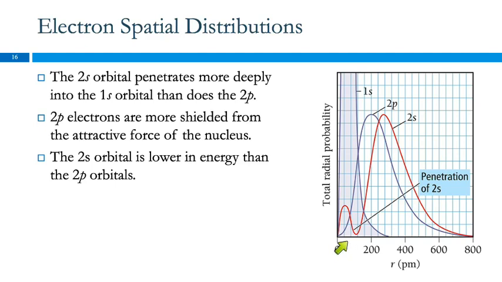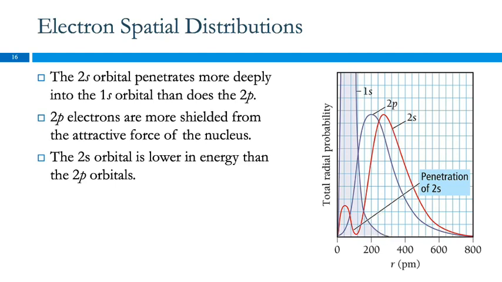The probability of finding it, I think it was 52.9 picometers, was the highest probability. And this is for hydrogen? That's for hydrogen. And so in the 2s orbital, the most probable distance would be out here.